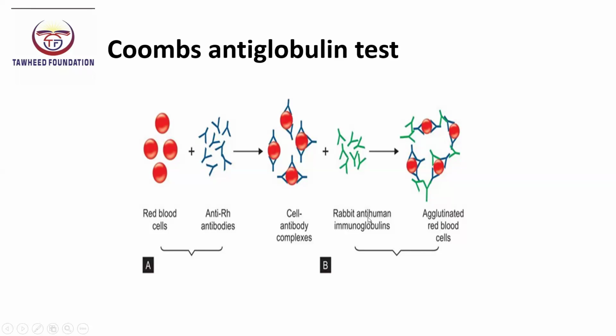When the Coombs reagent binds to the human IgG on multiple RBCs, it cross-links the RBCs, forming visible agglutination. This visible clumping confirms that the RBCs carry the RH antigens and that anti-RH antibodies were bound, making the person RH positive.